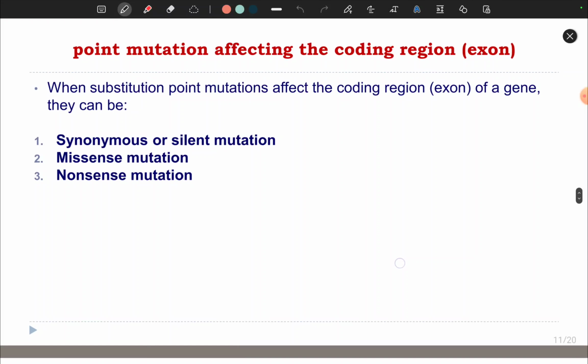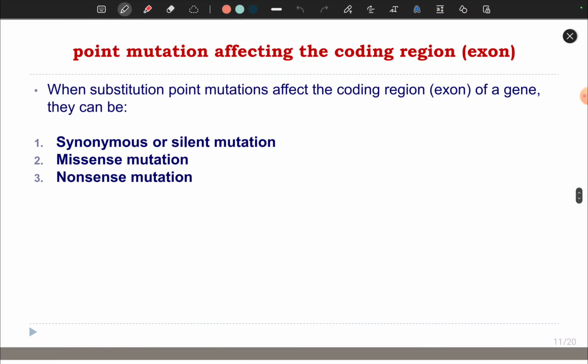In silent mutation, the genetic codon changes, but without change in the amino acid. Example, you have wild type gene and a change in one of the nucleotides without change in the amino acid. So that's why it's called silent mutation.